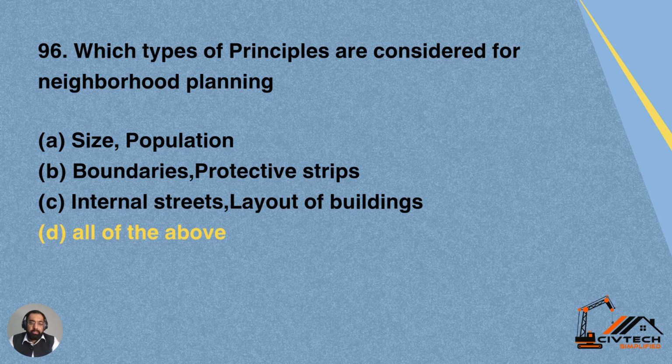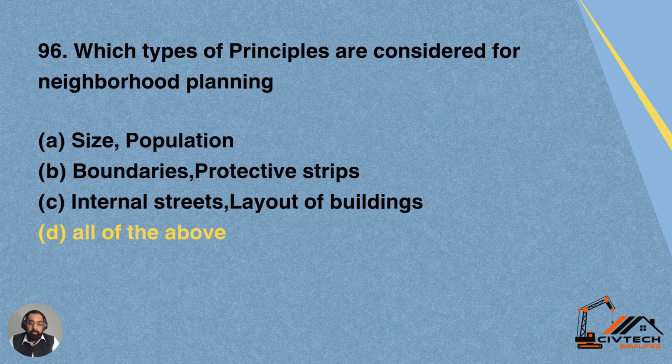Then question 96, which types of principles are considered for neighborhood planning? A, size and population. B, boundaries and protective strips. C, internal streets, layouts of the buildings. D, all of the above. So all options are correct, so D is correct for this question.